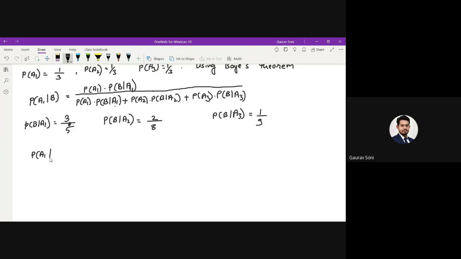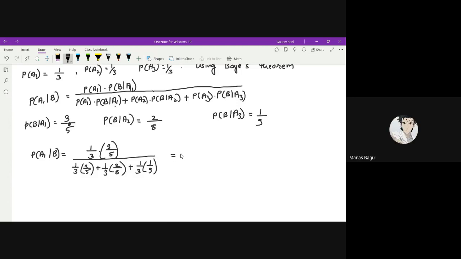Probability of A1 when B has occurred is equal to probability of A1, which is 1/3, times probability of B when A1 has occurred, 3/5, upon 1/3 times 3/5 plus 1/3 times 2/8 plus 1/3 times 1/9. Tell me the final answer. 0.624.